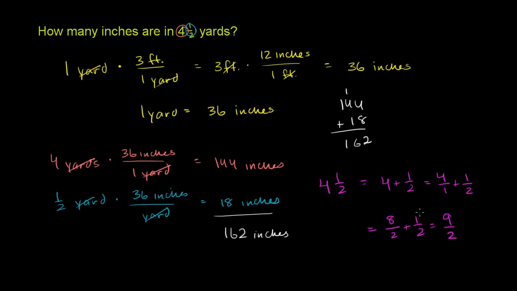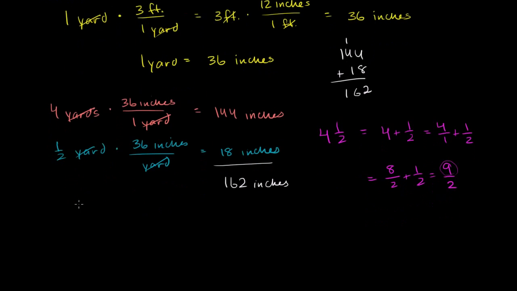Now, I did it this way, which takes longer, just so you really understand conceptually why it makes intuitive sense that 4.5 is the same thing as 9 halves. But if you want a simple process for it, you could just say, look, 4 times 2 is 8. 8 plus 1 is 9. And that gives you that 9 right over there. So 9 halves. So we have 9/2 yards that we want to convert to inches.